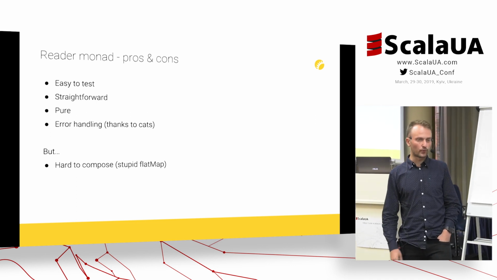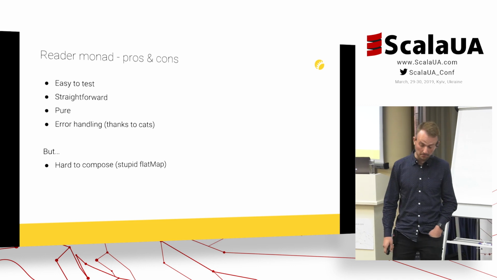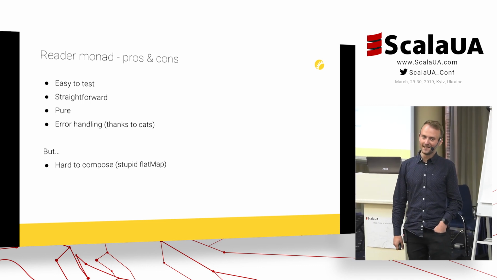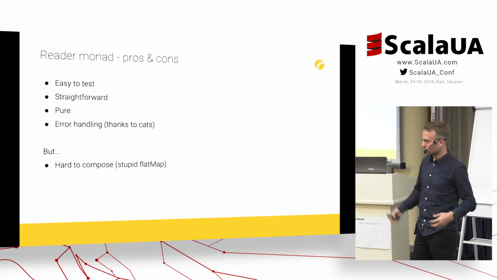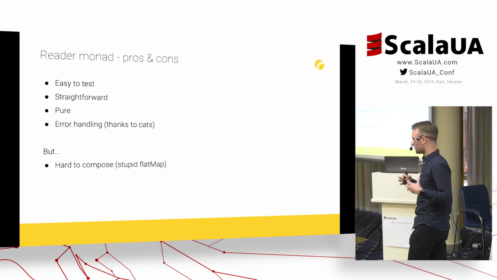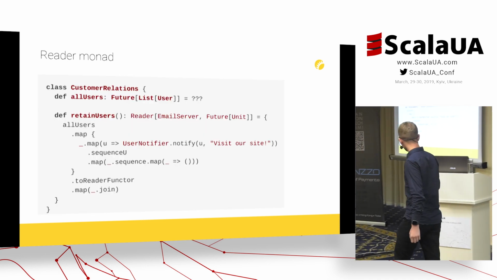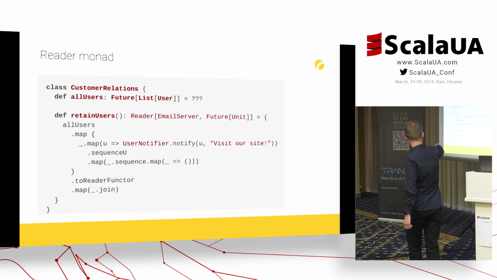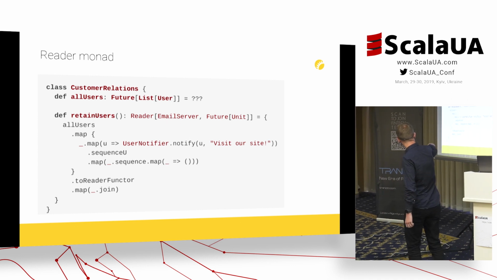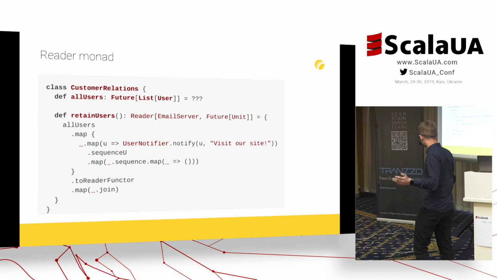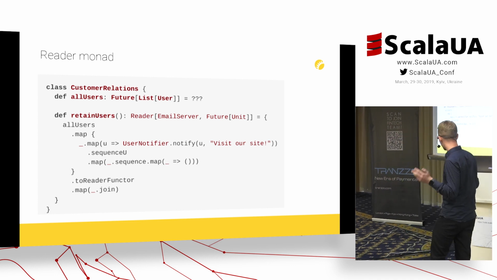But it's hard to compose because the reader monad flatMap is very stupid. Reader doesn't allow you to compose your dependencies because, if you look at this slide, the dependency type is fixed. The flatMap signature doesn't allow providing a reader with a different dependency type. So it's a bit hard to compose them.